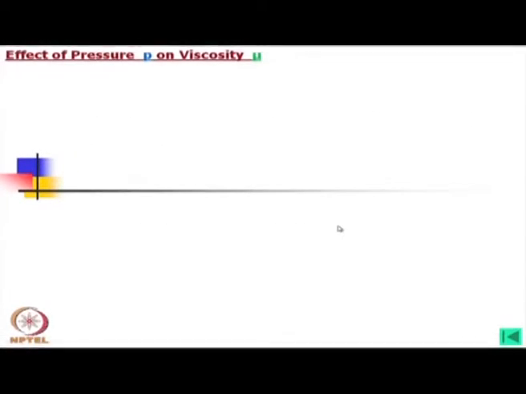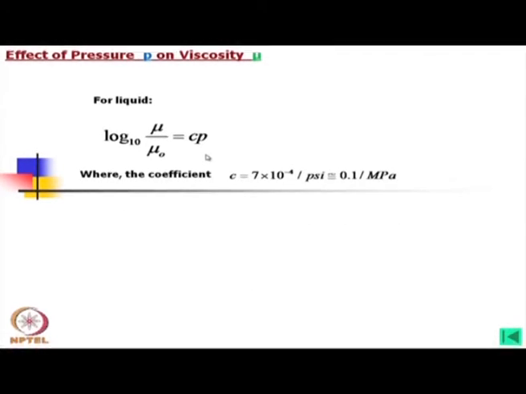Now, effect of pressure p on viscosity mu, that is on the dynamic viscosity. This relation is given by log to the base 10 of mu by mu 0 is equal to C p, where the coefficient C is equal to 7 into 10 to the power minus 4 per psi, which is almost equal to 0.1 per megapascal.